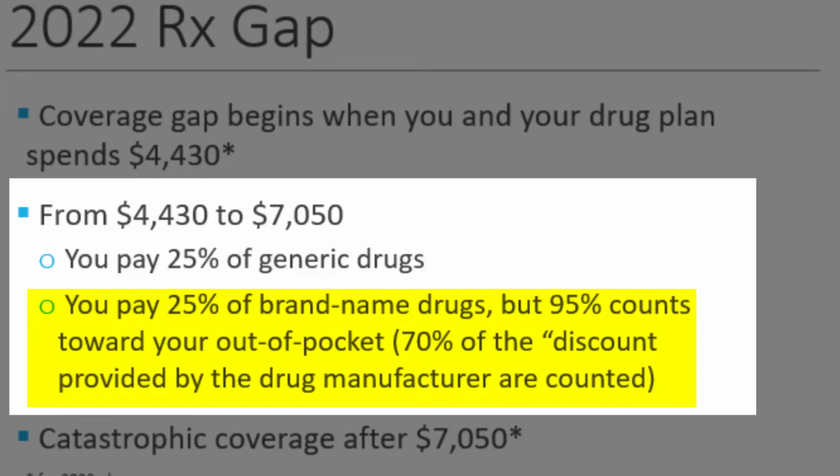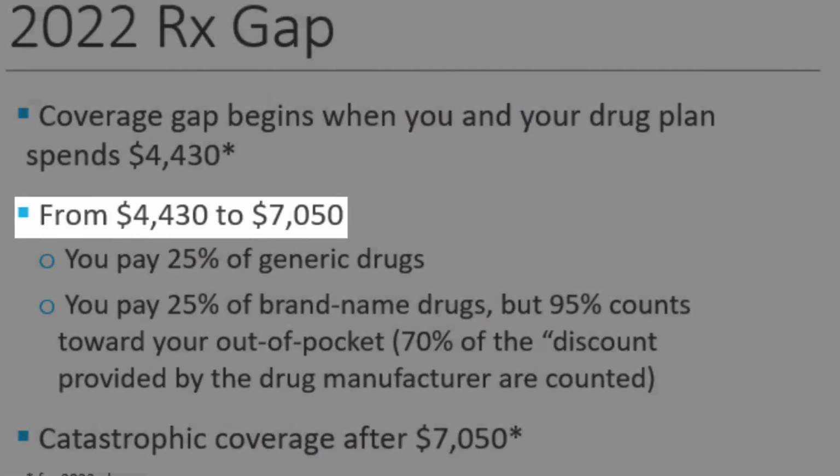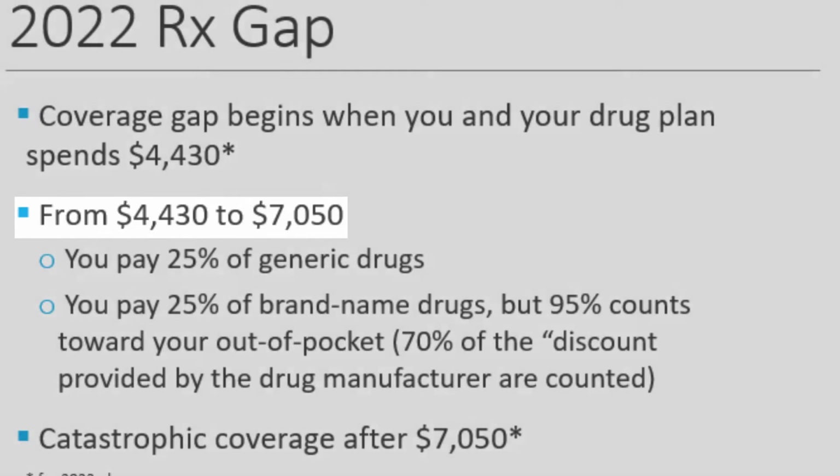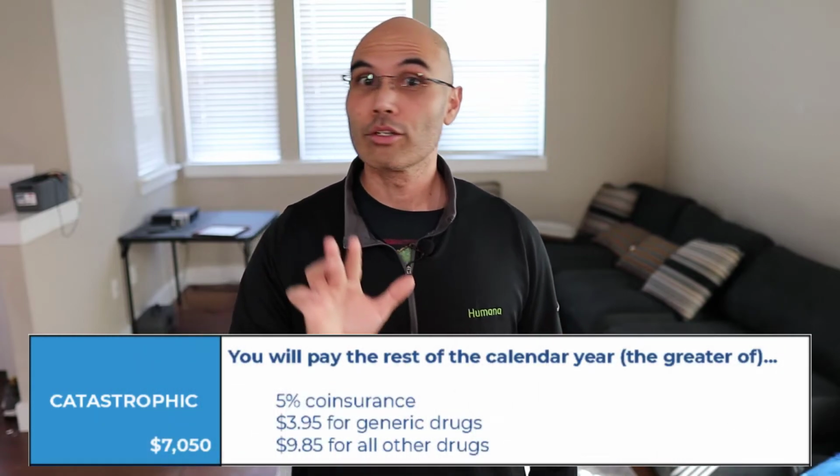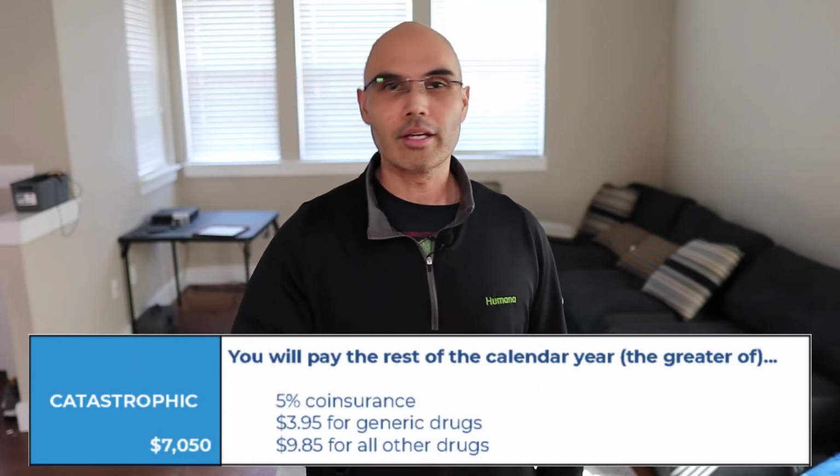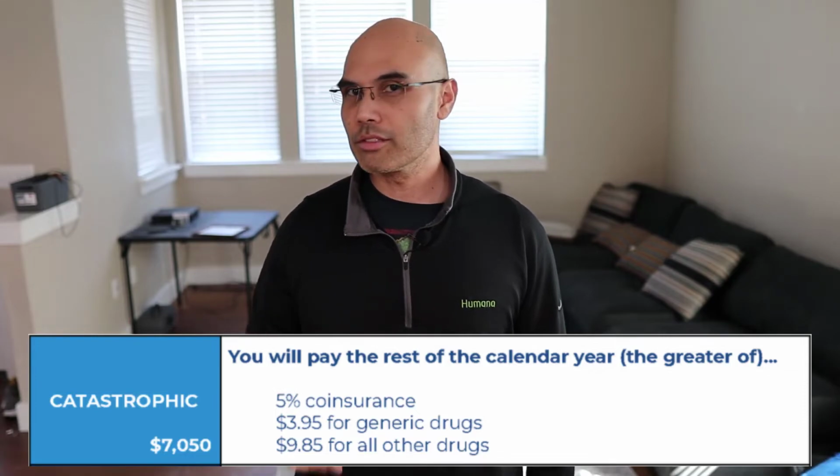But 95% of that cost counts towards your out-of-pocket. So the gap is between $4,430 and $7,050. Because at $7,050, you go into the catastrophic phase where now your drug copays are 5% of the drug cost. I know it's confusing.